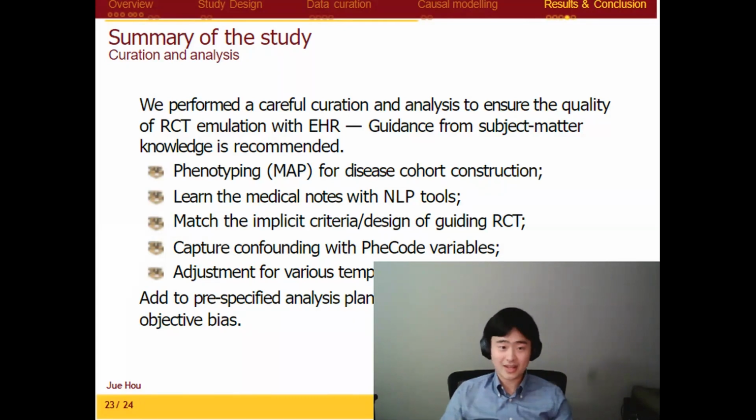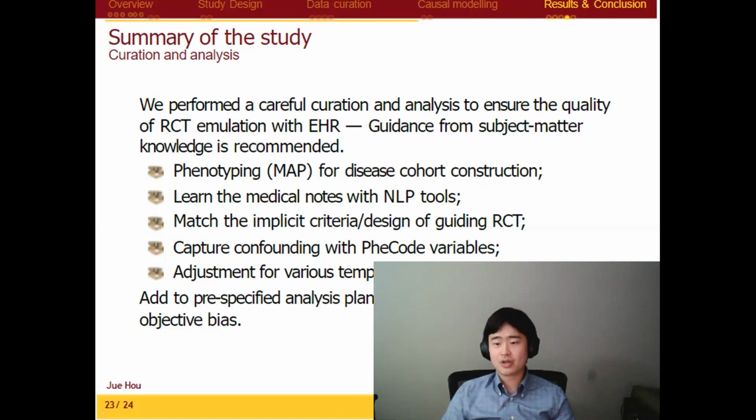We extract the cancer stage directly from them, and we also match some implicit design of the guiding RCT, like the gap between the diagnosis and the colectomy, which would not be listed as a criterion, but we have to have this subject matter knowledge.